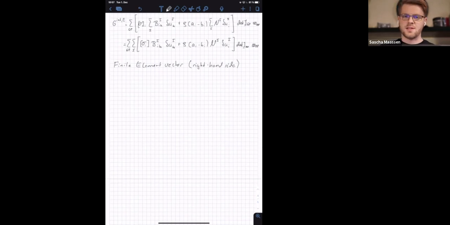There are many names for this, like right-hand side vector or residual vector. I will try to lean towards element vector here, and the definition is like so.